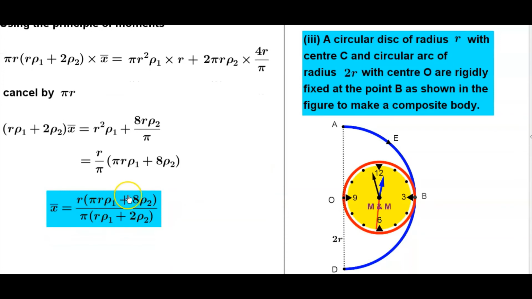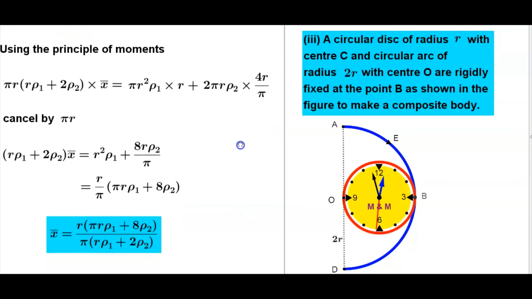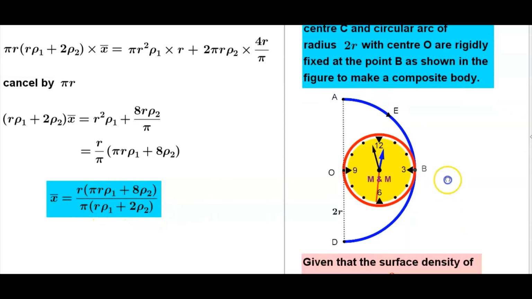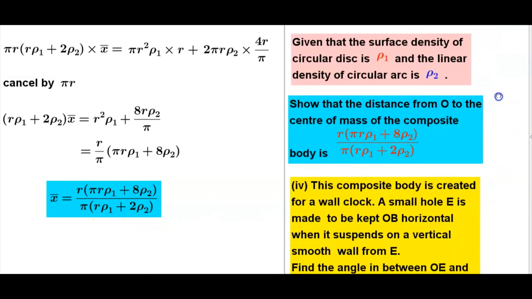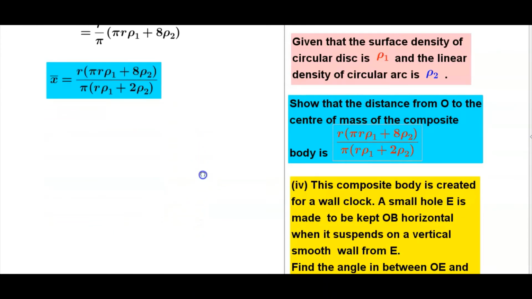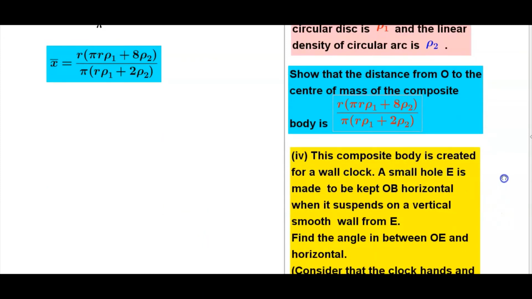Therefore x bar, the center of mass of this composite body from O, is equal to r into (pi r rho 1 plus 8 rho 2) over pi into (r rho 1 plus 2 rho 2). The sub-question, the center of mass of the composite body, is this one, and we have proved it here. Now the next part.